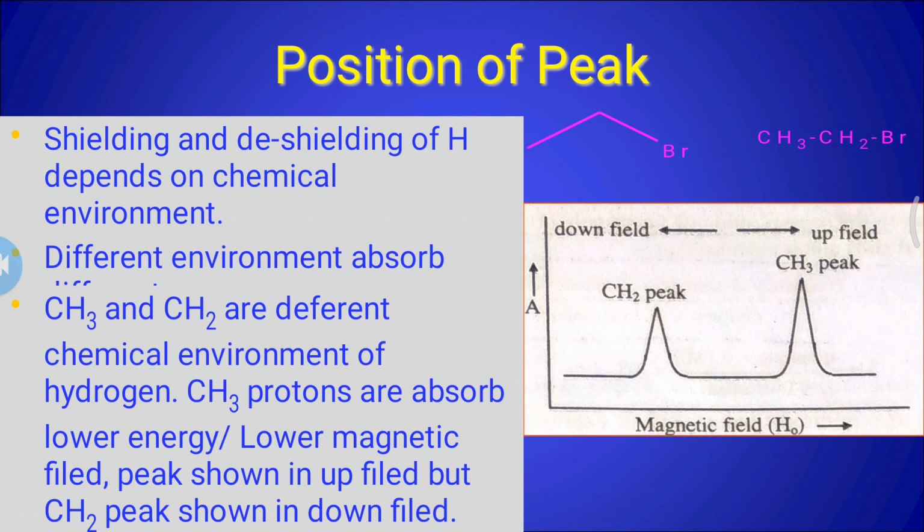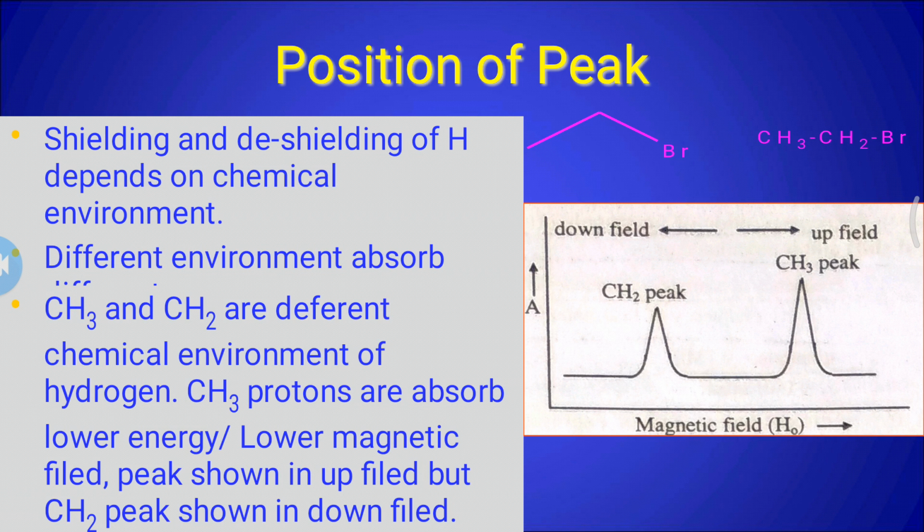Shielding and deshielding of protons depends on the chemical environment. Different environments absorb different energy or magnetic field. Here CH3 and CH2 are different chemical environments of hydrogen or proton.